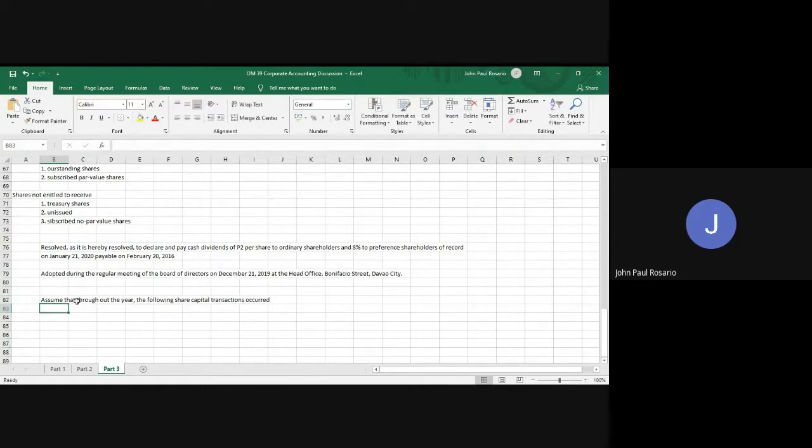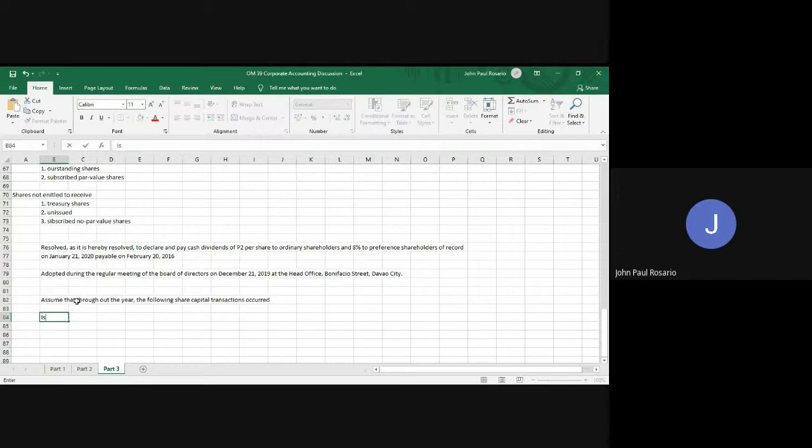This will help us determine the ending number of preference shares and ordinary shares.